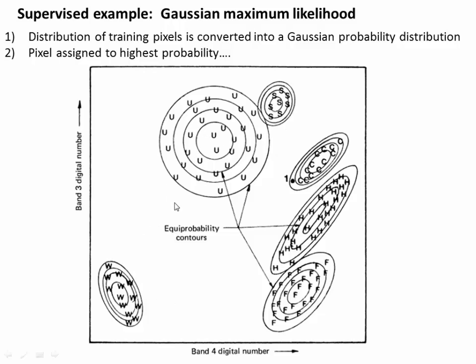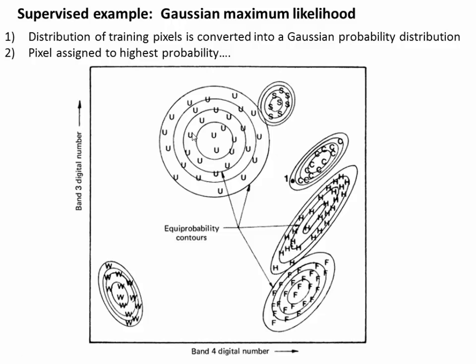So all these different classes, and in this case we've plotted up each training pixel in band 3 versus band 4 space, and we can see that they're nicely separated from each other, so that's promising, albeit possibly fictional.